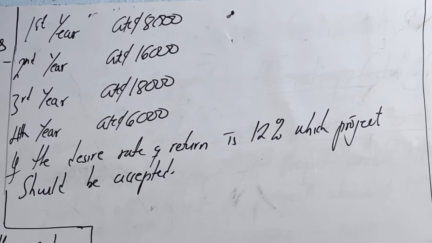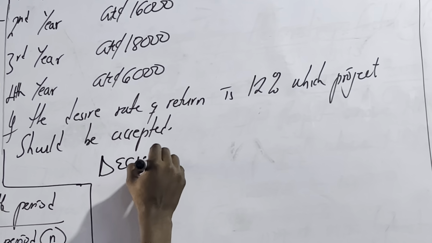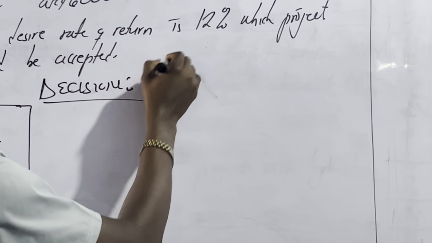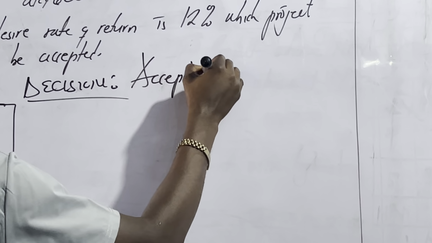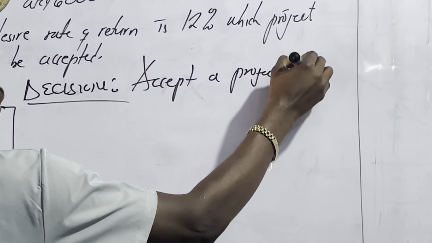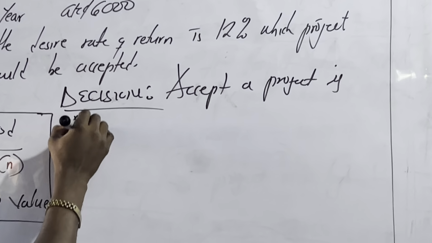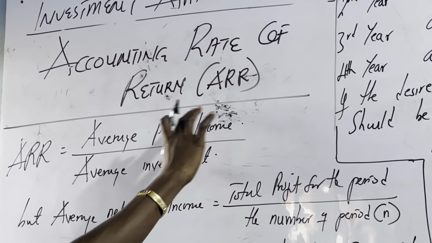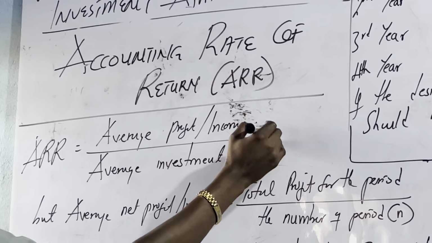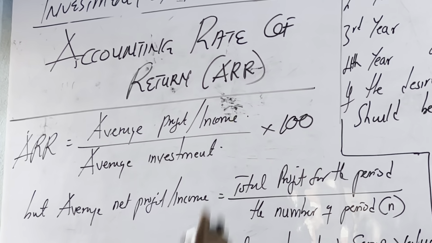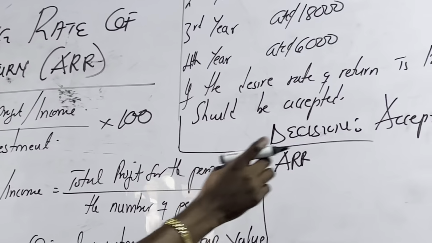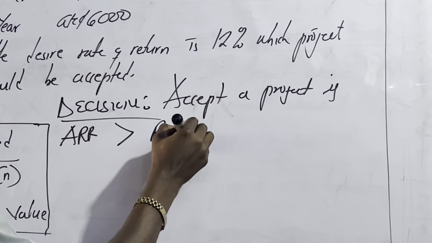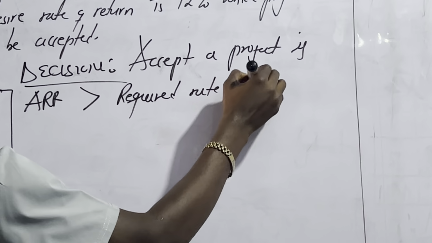Now, let's do this. This is the decision rule. The decision rule states that you can only accept a project if the accounting rate of return after our calculation, this formula we are seeing here, which we express as a percentage, so our final answer will be in percentage, is greater than the required rate of return.